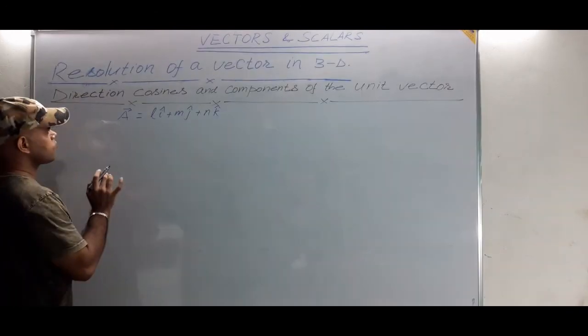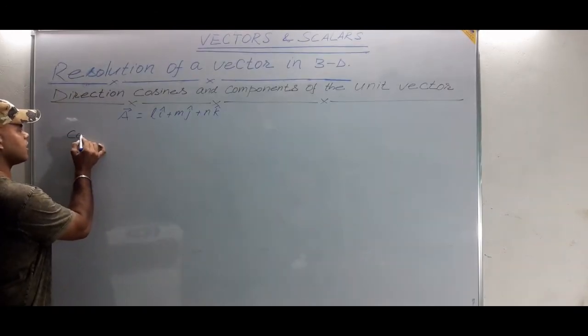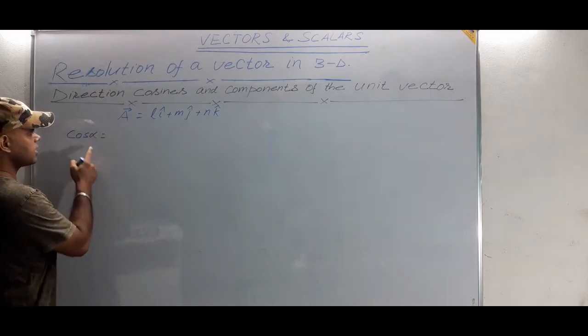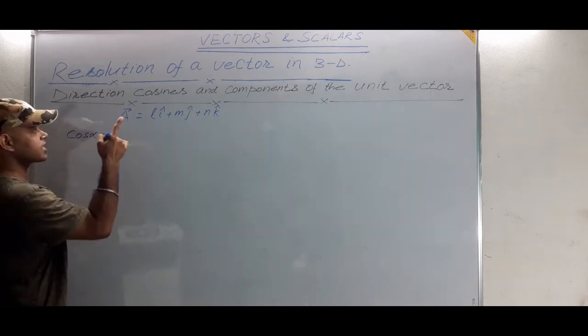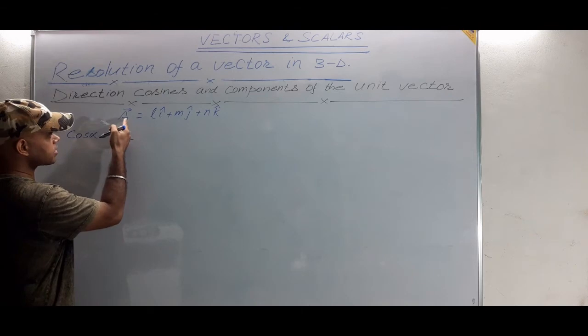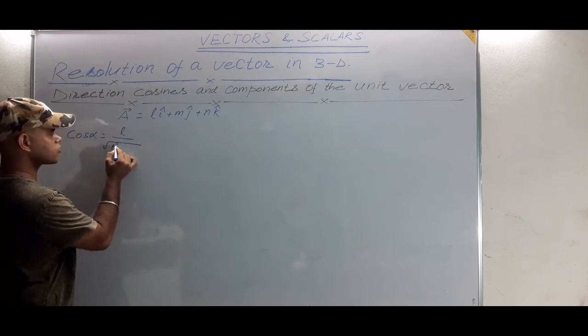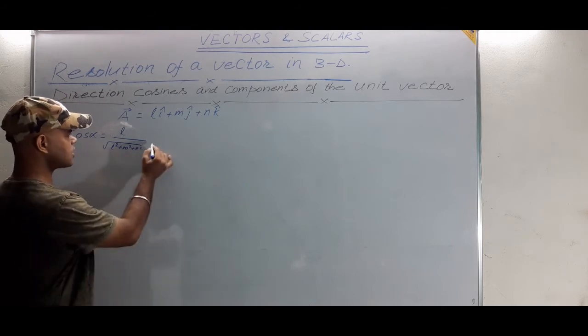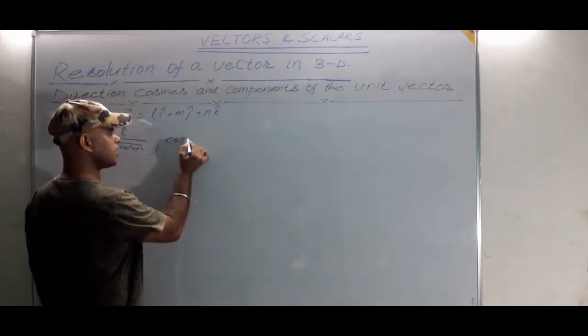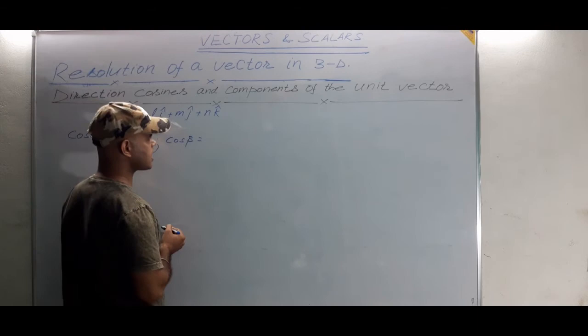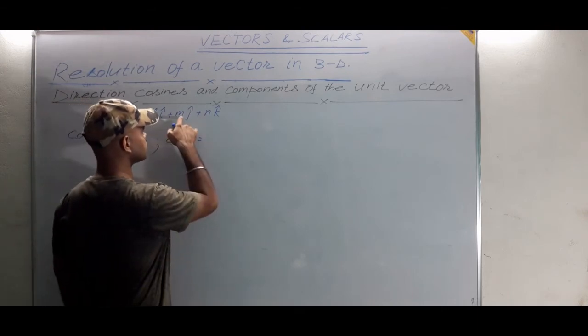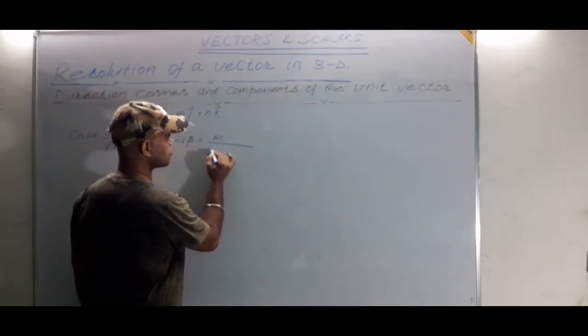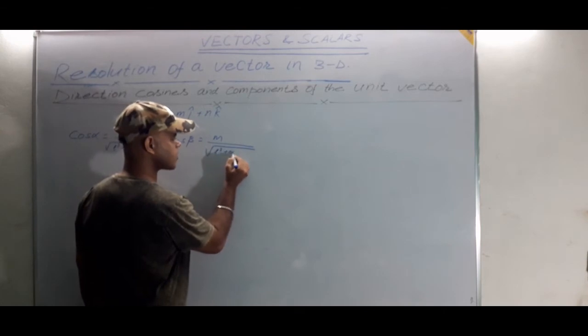So if you want to find cos of alpha, alpha is with respect to x-axis, so x component upon its magnitude, that is root of L square plus M square plus N square, right? This is cos alpha. Cos of beta, angle with respect to y-axis, so y component, M, upon root of L square plus M square plus N square.